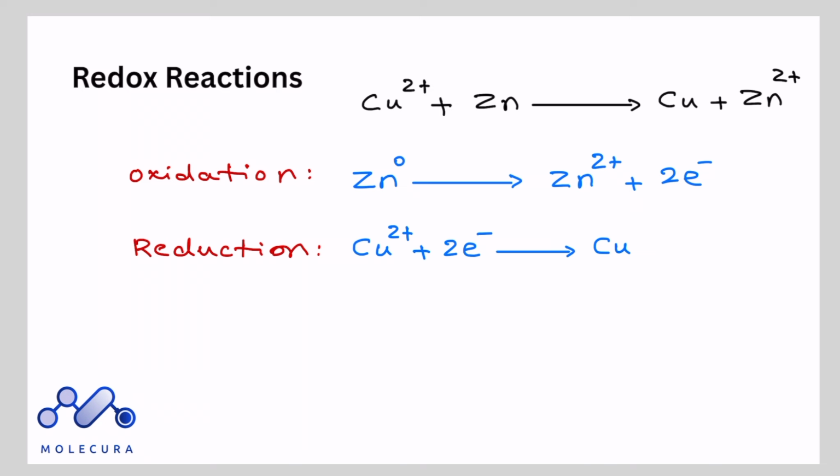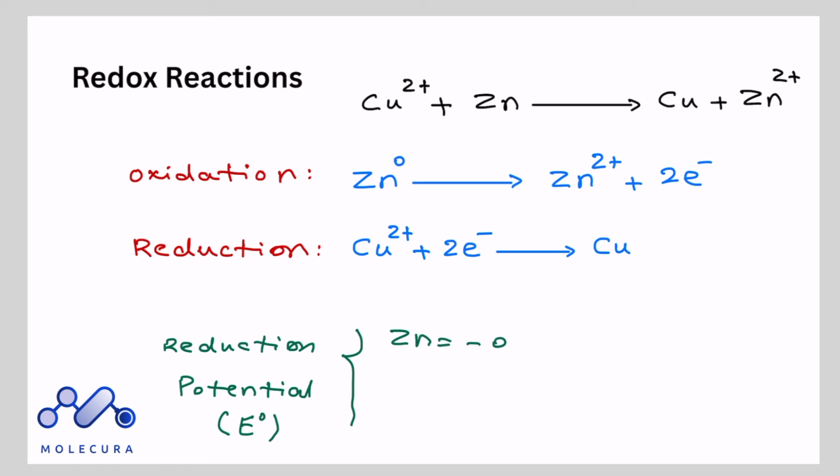That has something to do with the standard reduction potential, which is usually shown as E0. Our reduction potential for zinc is minus 0.76 volts, and for copper it is plus 0.34 volts. Both of them are shown in volts.